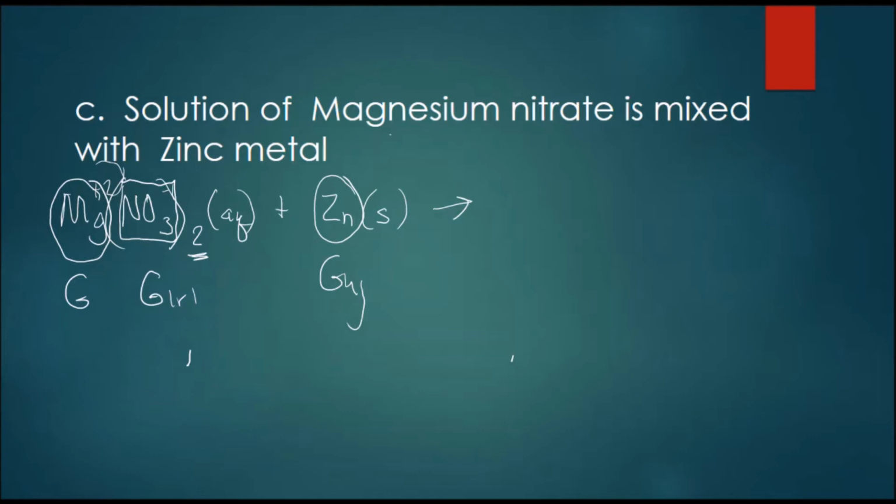When it's single replacement, you need to check to see if zinc is man enough to replace magnesium. Where you look is on your activity series, to see whether zinc is high enough to replace magnesium. It is not. So what happens? You put NR, meaning no reaction.